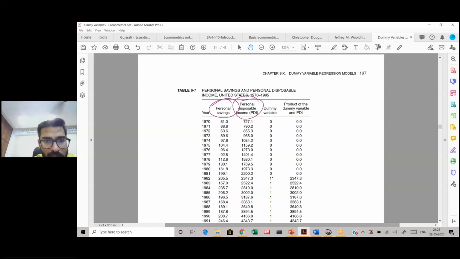In the US, 1970 till 1981 is taken as one era, called the pre-depression era. There was a major change in 1982, and this is called the post-depression.